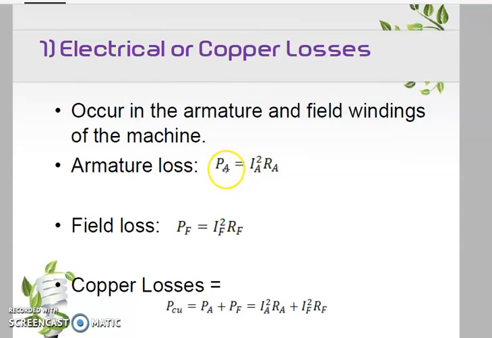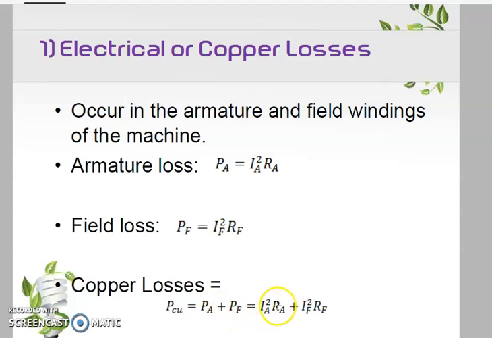So armature losses will increase or decrease based on the load and condition. And we have field losses: the higher the RF, the higher the IF, so we have higher PF. Both of these armature and field losses we consider as copper loss.